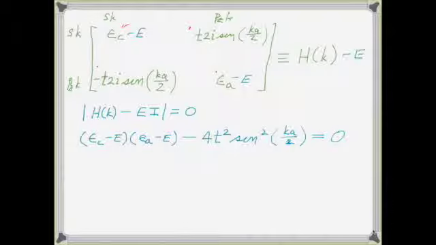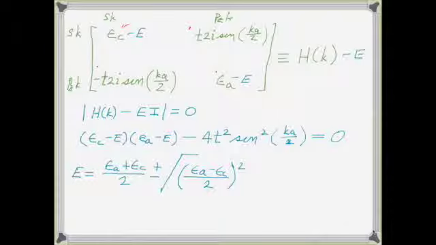So let me just go ahead and write it down. E is equal to EA plus EC over 2, this was your E bar, plus or minus the square root, and the next term is your delta squared, EA minus EC over 2 quantity squared, plus, and this was just your 4ac all over, plus, okay, I'll just write down what's in my notes, 4t squared.